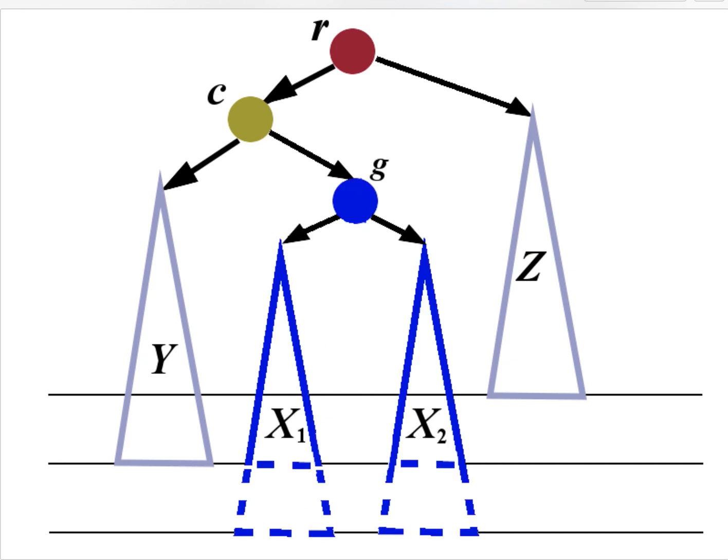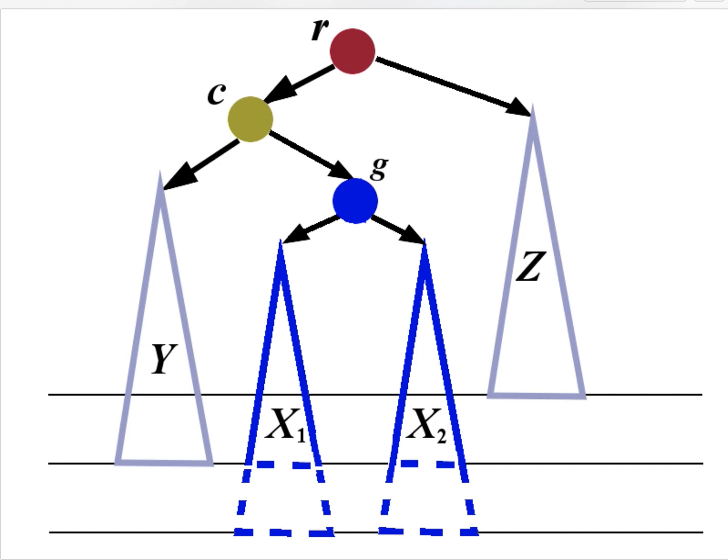It has a root that deserves the name. We will call it G. G stands for grandchild. Now the root R has a misbehaving child C and misbehaving grandchild G. G has two subtrees, x1 and x2, and now one of them reaches the same height as y, but the other one goes higher.